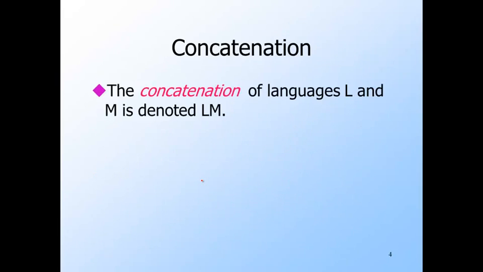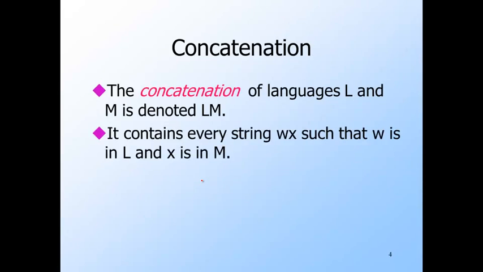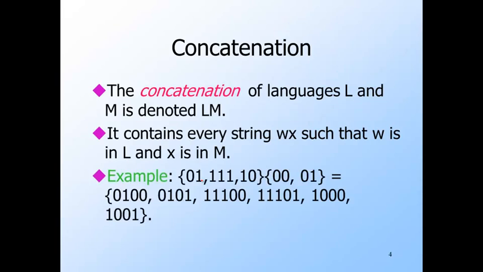Okay. Concatenation is also a fairly simple operation. We'll denote the concatenation of two languages, say L and M, by juxtaposition, that is, LM with no punctuation in between them. The language LM contains every string that is W concatenated with X, such that W is in L and X is in M. So here's an example.